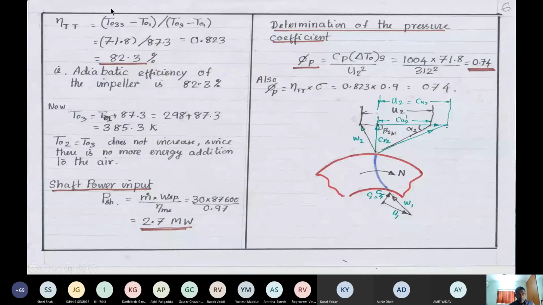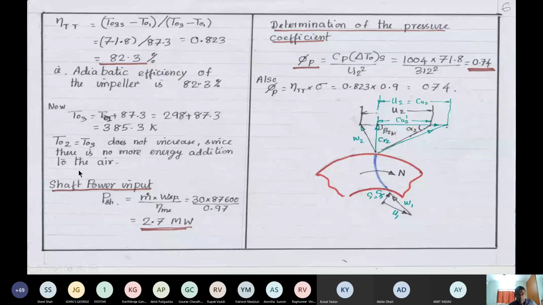Sometimes instead of total to total, people calculate static to static. Then in the denominator, usually it is T03 minus T01 because that's the actual energy input. In the numerator, it may be T3s minus T1s. That may be used. So adiabatic efficiency we get 82.3%.